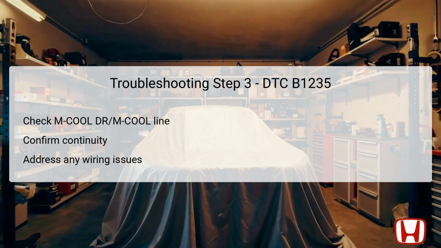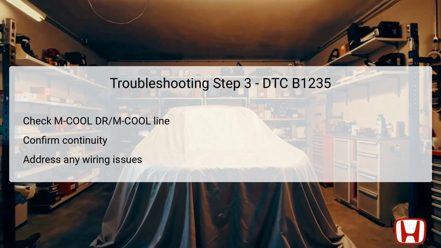By confirming continuity here, technicians can ascertain that the M-Cool-DR wire is intact and not open. Positive continuity indicates that the wiring is in good condition, guiding the technician to advance to the next troubleshooting step.